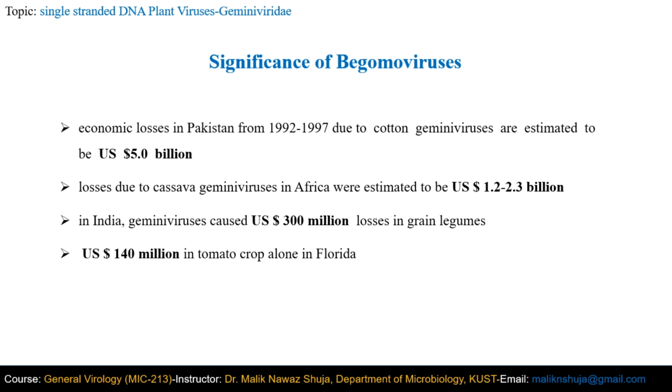For example, in India, Geminiviruses were responsible for roughly 300 million dollars in grain legumes, while in the USA, in the state of Florida, 140 million dollars has been reported in the tomato crop.